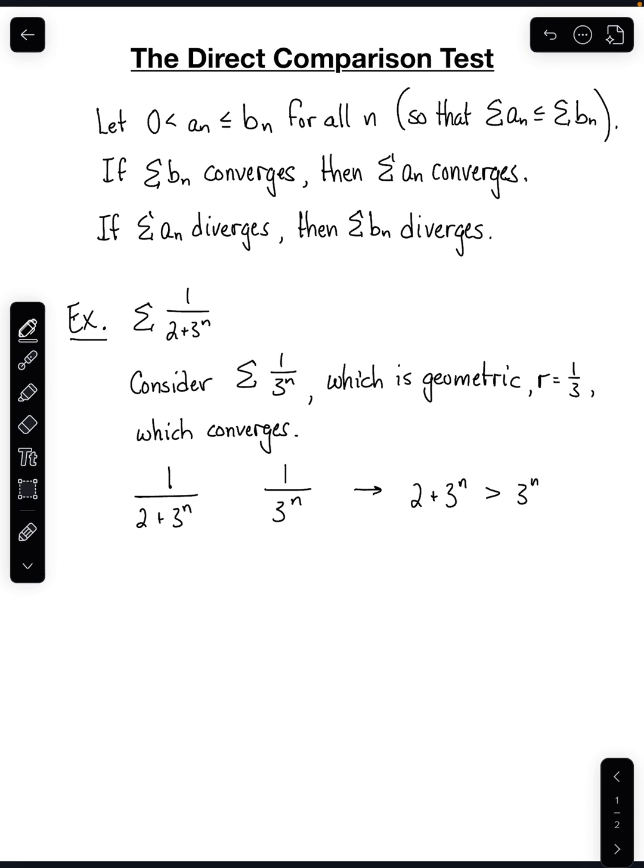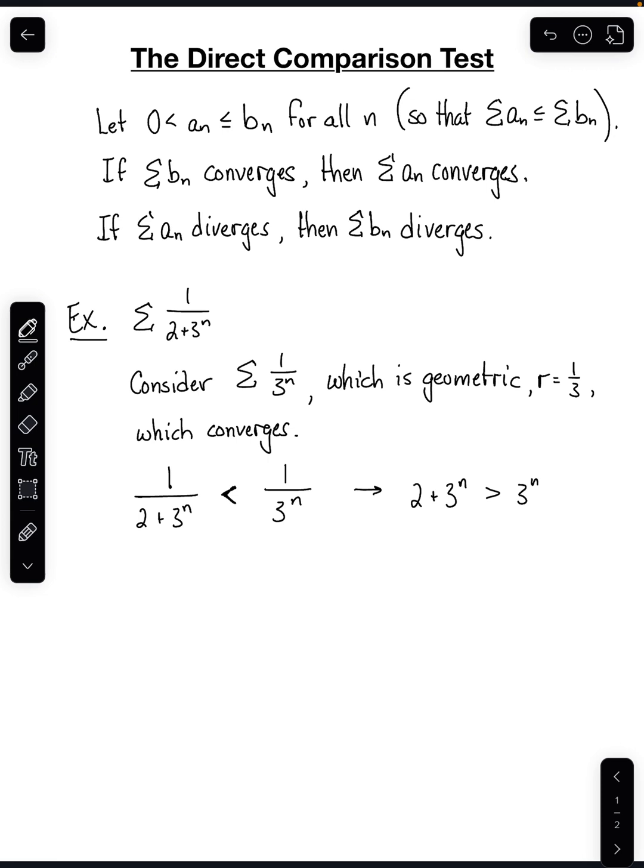The two fractions, then, are reciprocals of these. The idea is that the larger a value is, the smaller its reciprocal is. So if 2 plus 3 to the n is the larger of those two values, then its reciprocal, 1 over 2 plus 3 to the n, is the smaller of those two values.